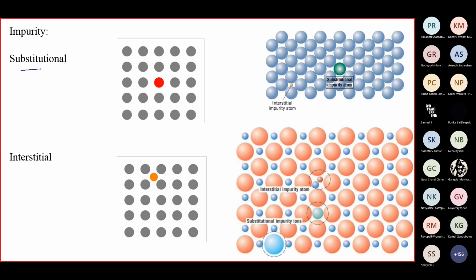That is why it is called substitutional impurity. Look here. This is the regular arrangement: one atom, same atom, different atom, same atom. See? So this different atom has occupied the lattice point of this host atom.